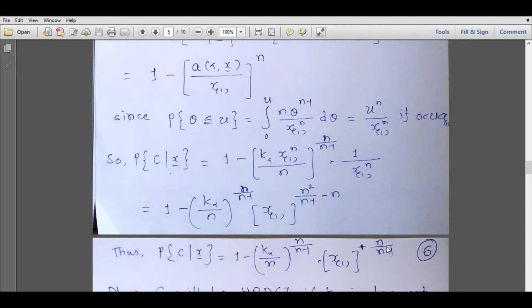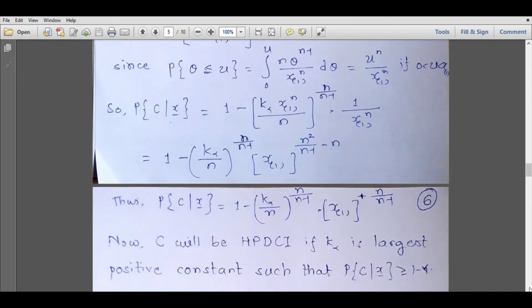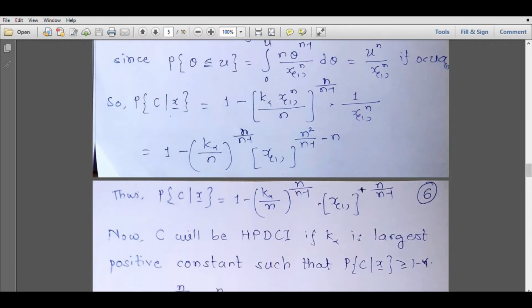Alright. Now because we are looking for the largest possible positive k alpha such that the posterior probability is at least 1 minus alpha, compare this posterior probability with the constant 1 minus alpha and try to solve the inequality.